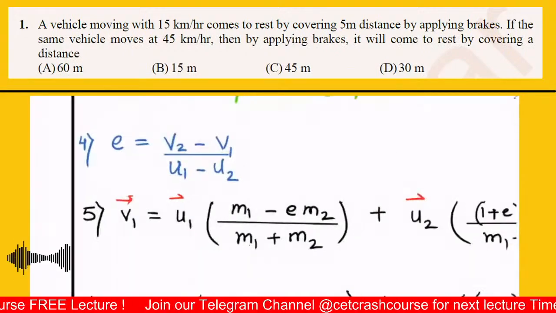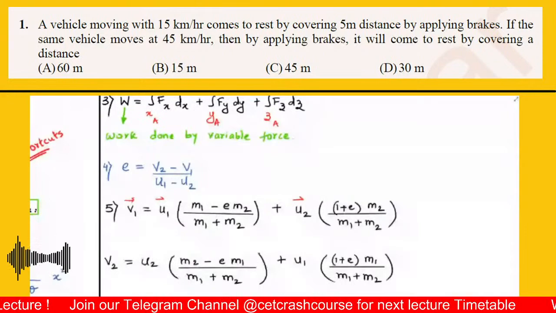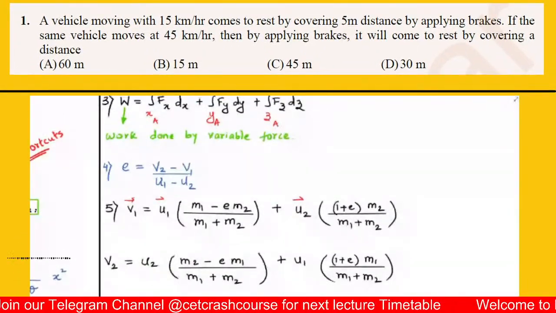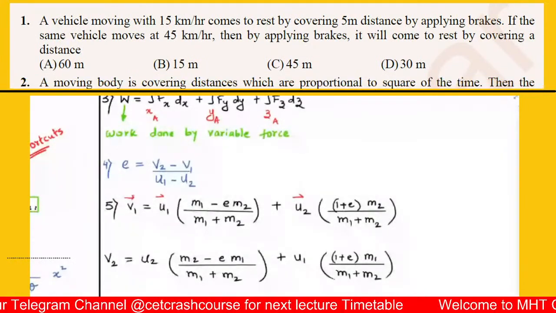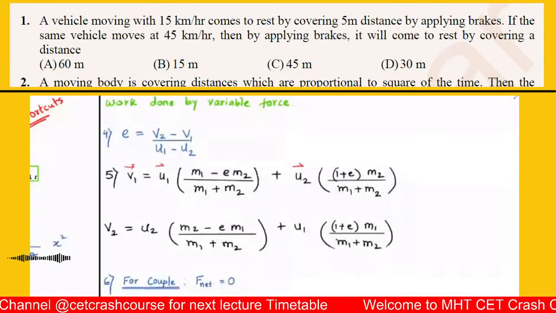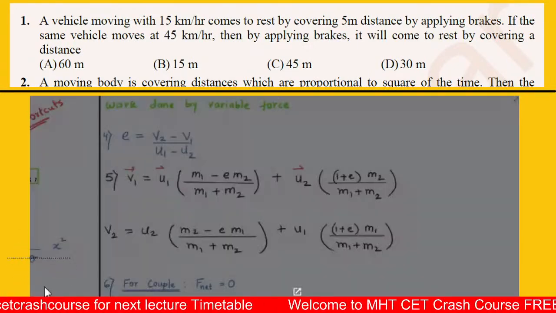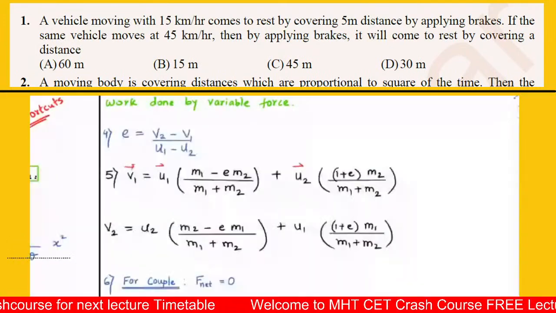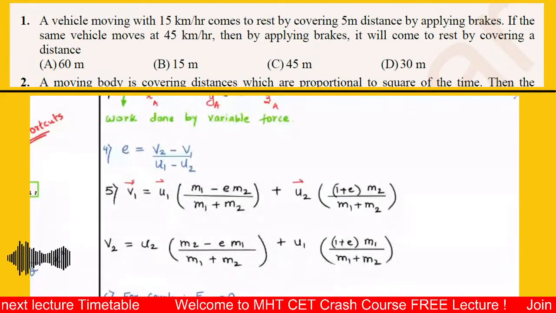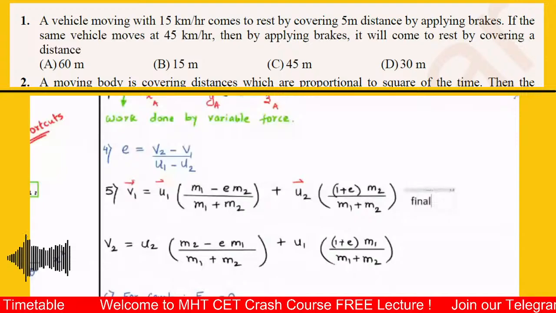The fourth formula is for the coefficient of restitution during collisions. And here we have written the V1 vector and V2 vector formula. Students, what are the V1 vector and V2 vector? V1 vector is nothing but the final velocity after collision.